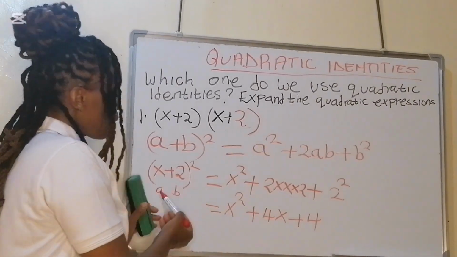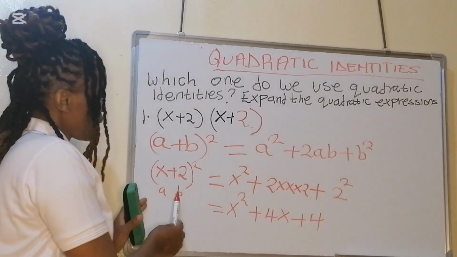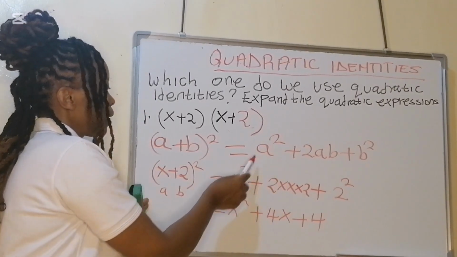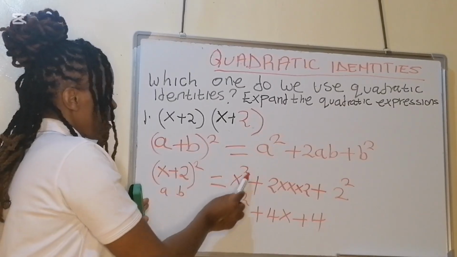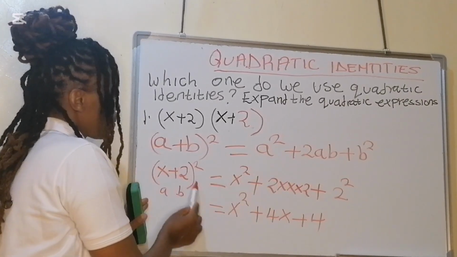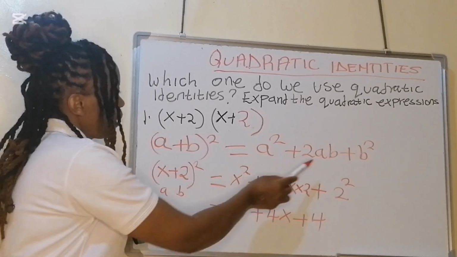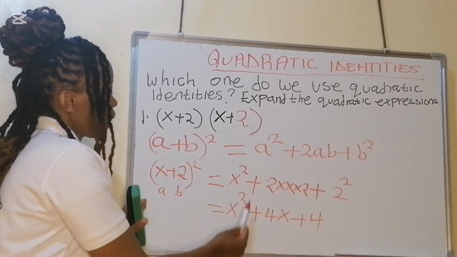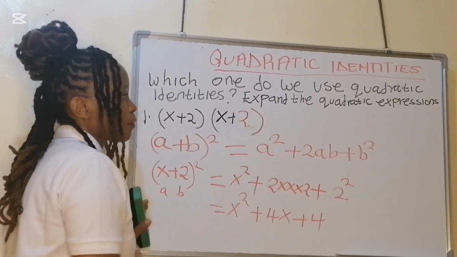So we have said we assume this is A, this is B. Using the quadratic identity, A squared is x squared, 2ab is 2 times x times 2, B squared is 2 squared. So you get x squared plus 4x plus 4.